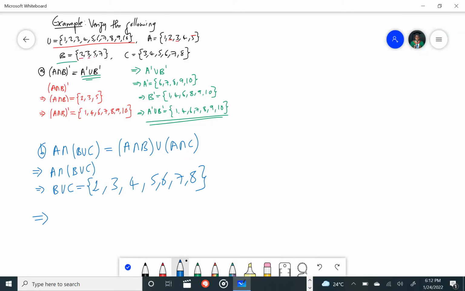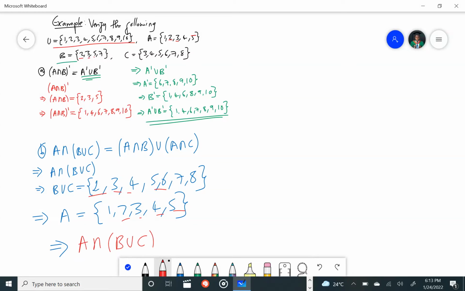Then remember it's A intersection, so we first want to know what is A. A is 1, 2, 3, 4, 5. So we're asking ourselves what is in B union C and what's in A. So it's going to be 2, 3, 4, and 5, isn't it? So A intersection B union C is equal to 2, 3, 4, and 5. Those are the elements that we have.